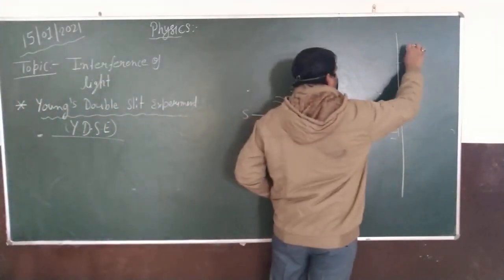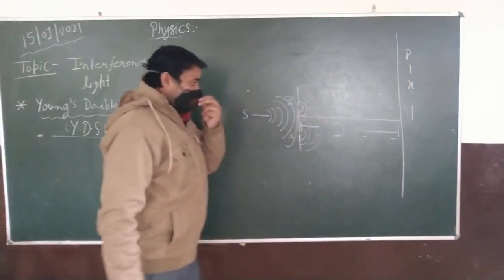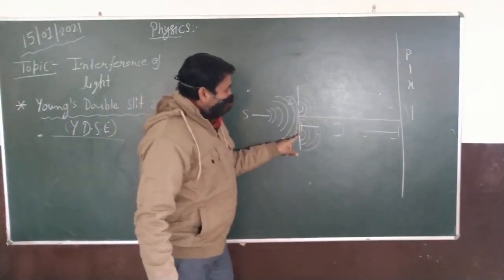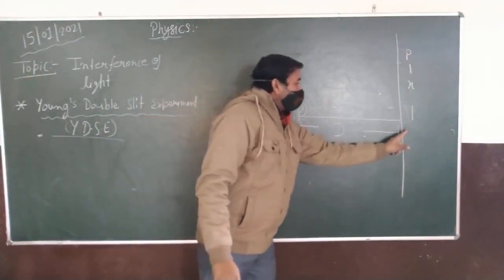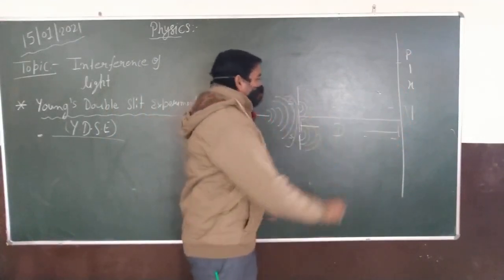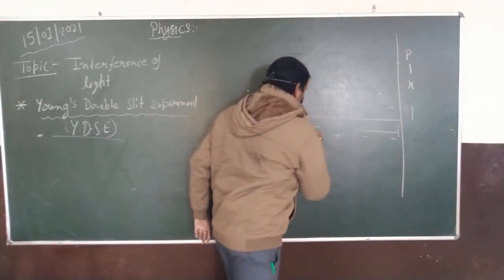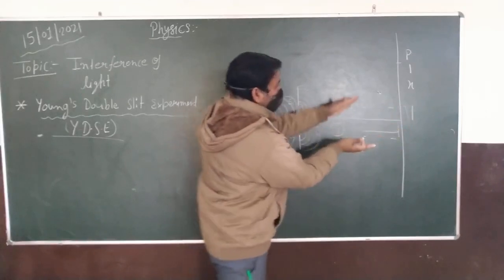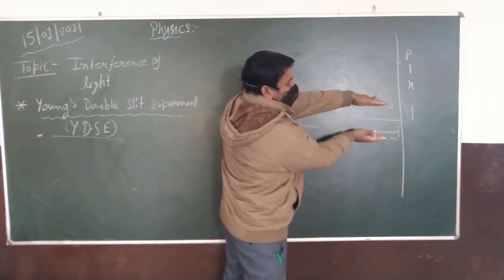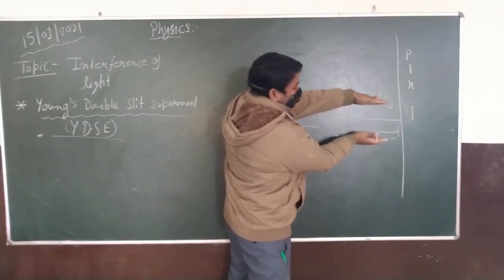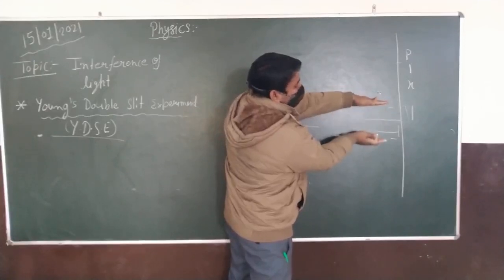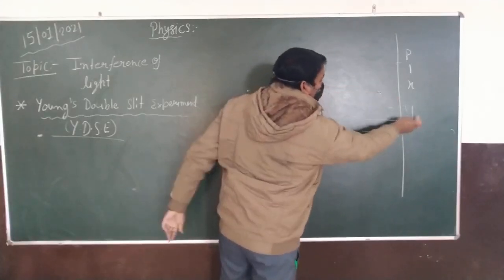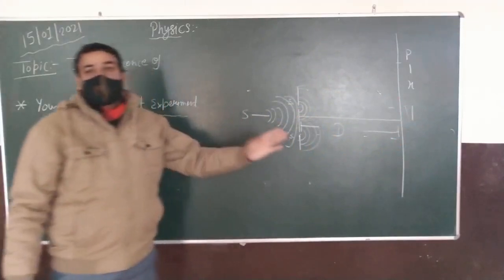Let's say this point is P. Initially, the rays reach the screen in a parallel path, and about this point the maximum intensity of light reaches there.